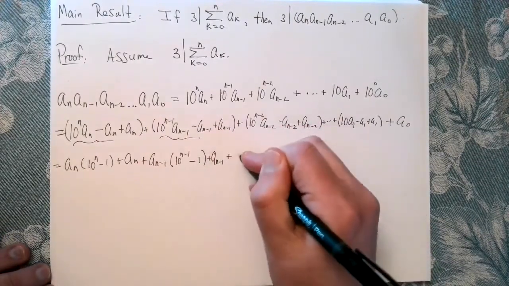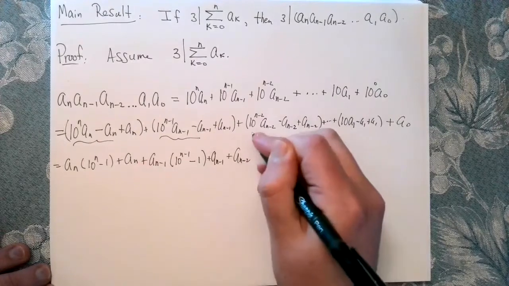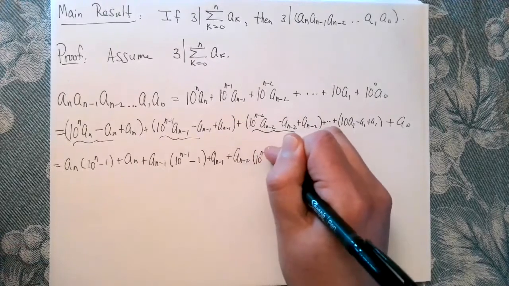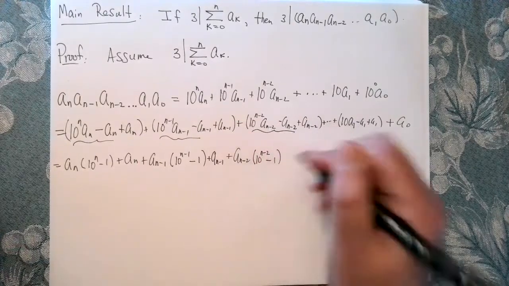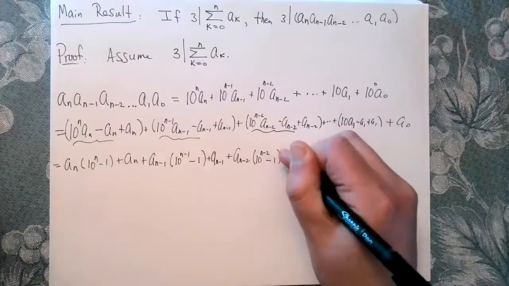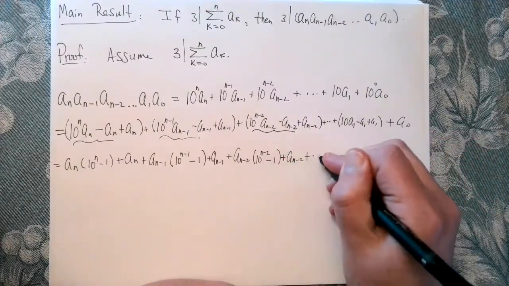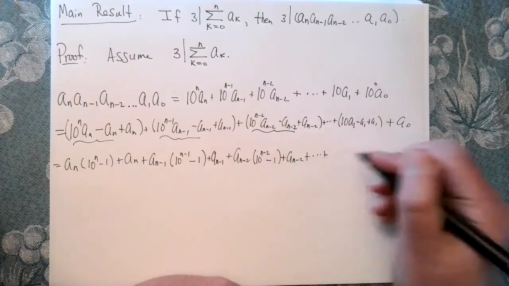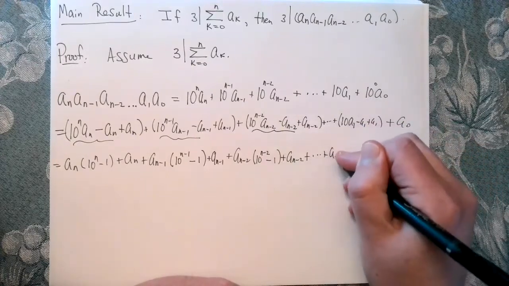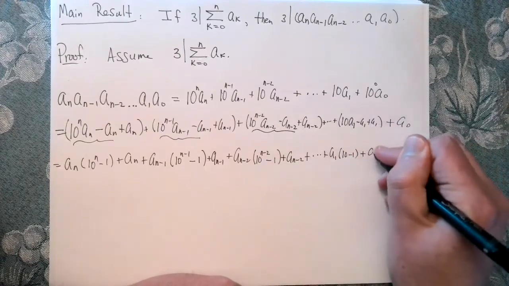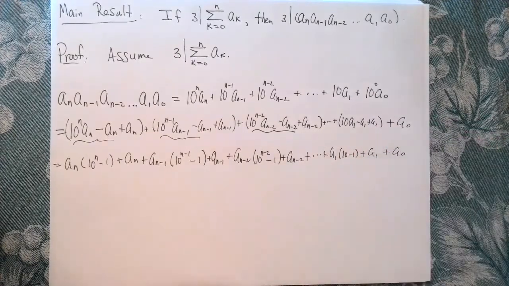Same thing here. Factor out a sub n minus 2 from these two terms. We've got 10 to the n minus 2 minus 1. And this term can just hang out. Plus dot dot dot. We continue in this way. Same deal here, just factor out a_1. We've got 10 minus 1. This term can just hang out, and this term can just hang out.